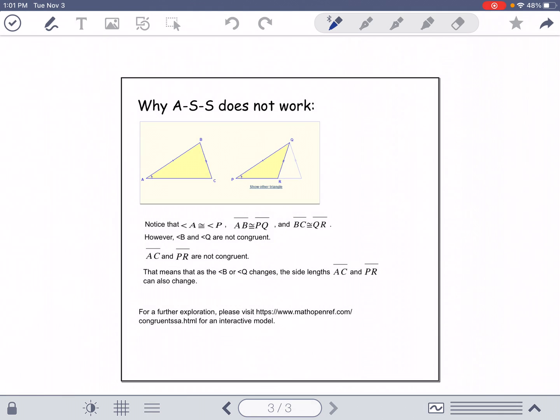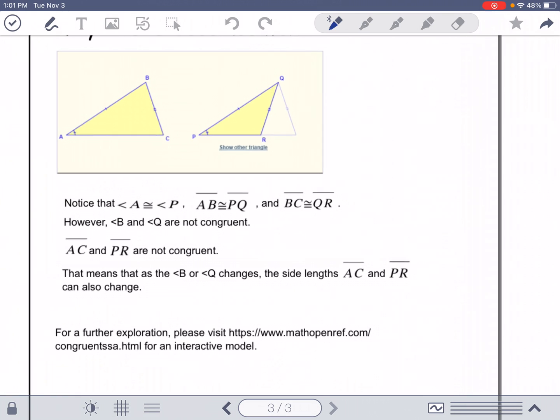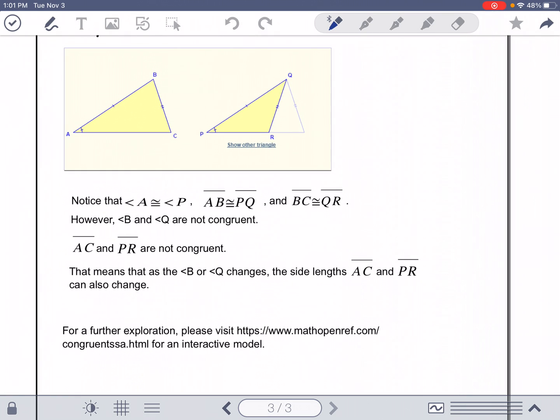And angle, side, side doesn't work because if we have this example, angle A and angle P are congruent. Side AB and side PQ are congruent. And then we have side BC and QR being congruent. But notice angle B and Q are not congruent. So angle B and Q can change.